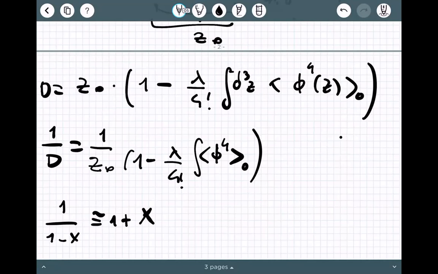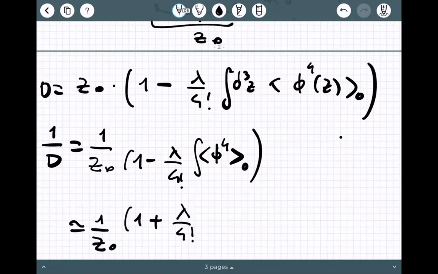But we are interested in the lowest order contribution for now. So 1 over D is, to the leading order in our expansion, which is what we are after today, 1 plus lambda over 4 factorial integral phi to the fourth. And this is a function of z, and this is an integral in dz.